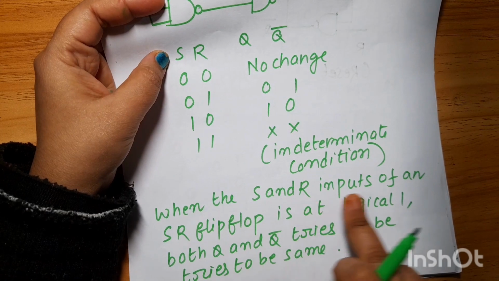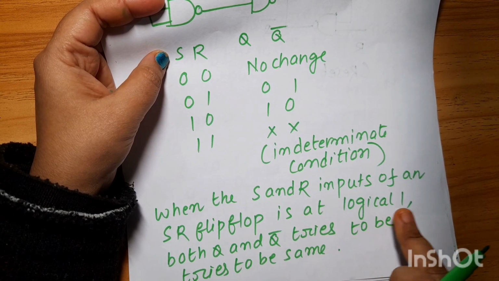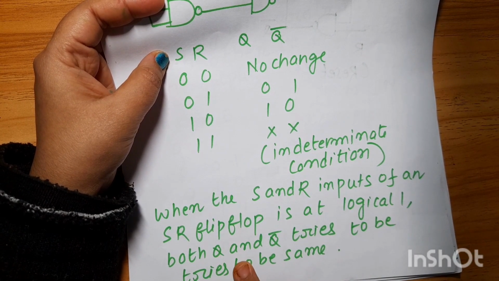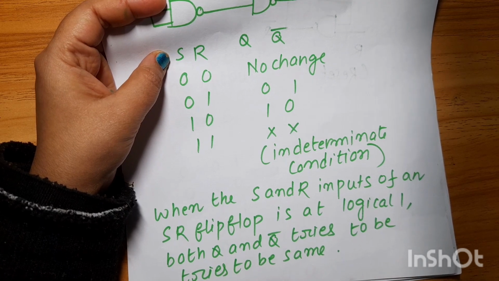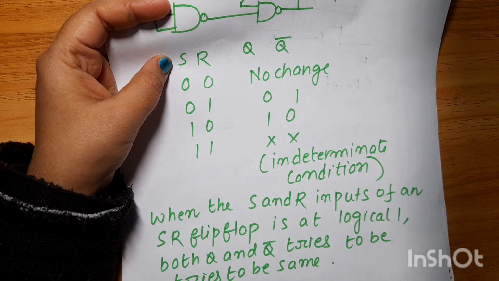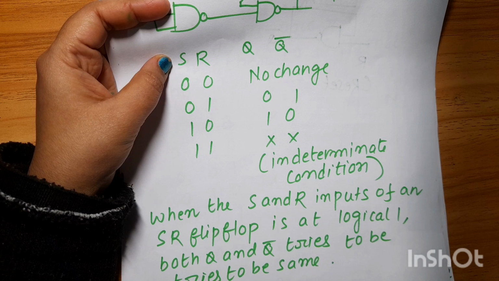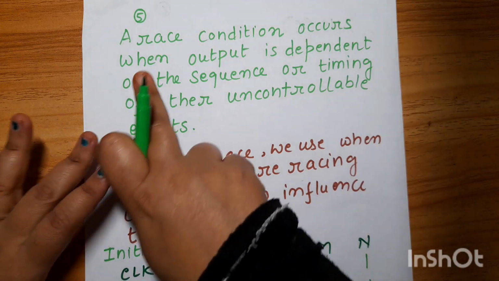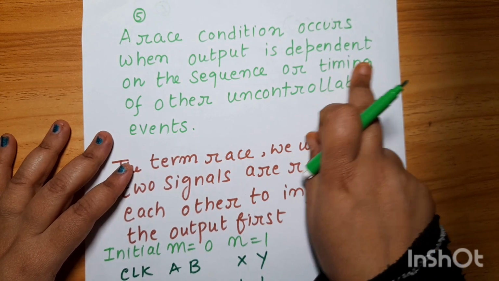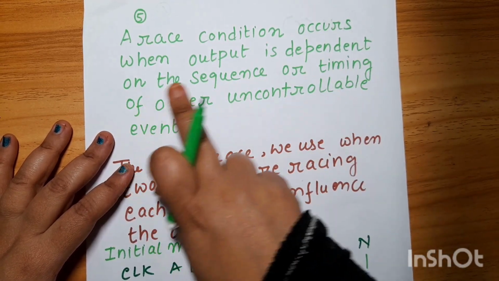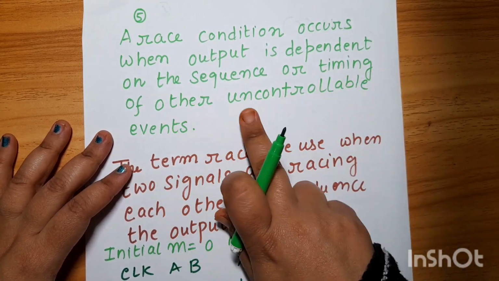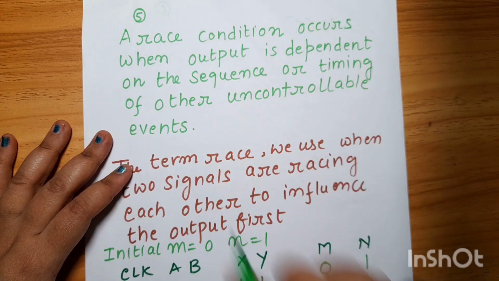When S and R inputs of a flip-flop are at logical 1, both Q bar and Q try to be the same, and this gives rise to the indeterminate condition, that is the race around condition. A race condition occurs when the output depends on the sequence or timing of other uncontrollable events.